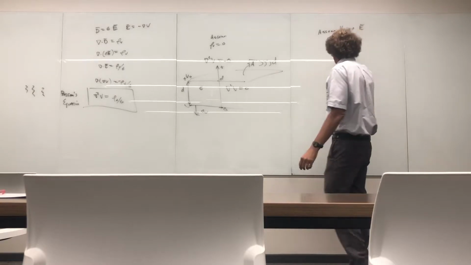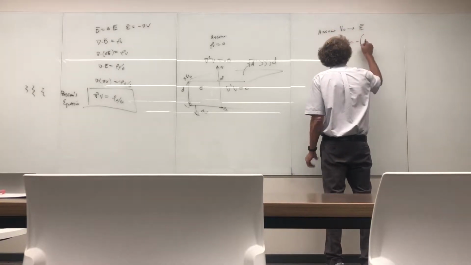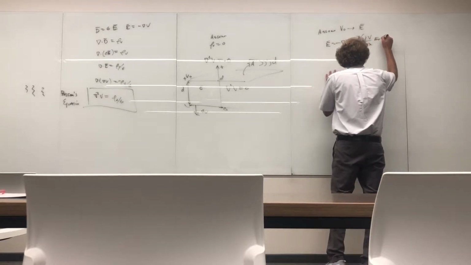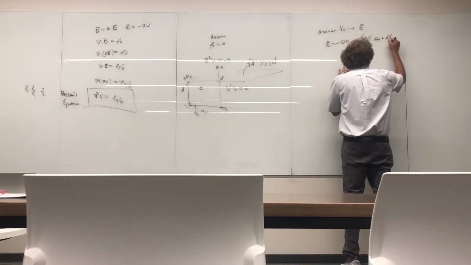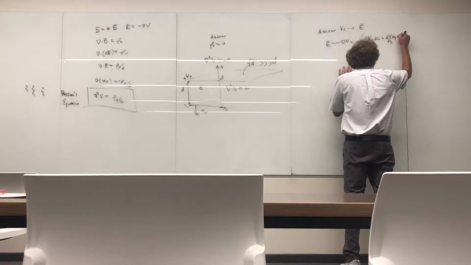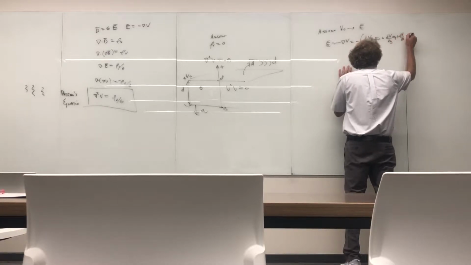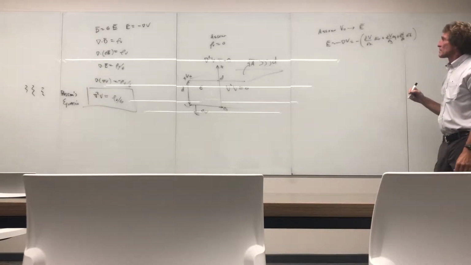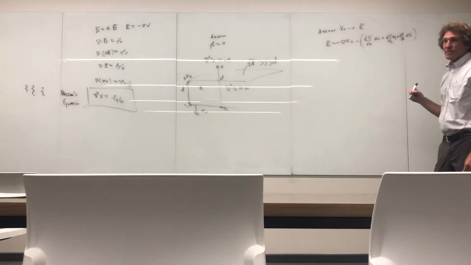This is equal to minus the quantity dV dx AX plus dV dy AY plus dV dz AZ. Are you with me on this one?